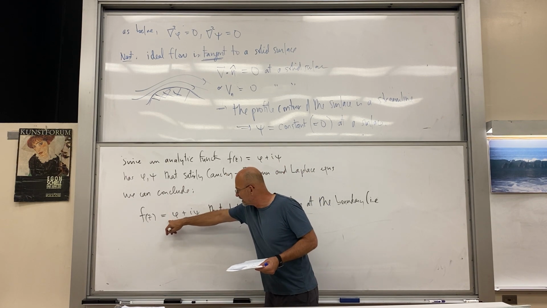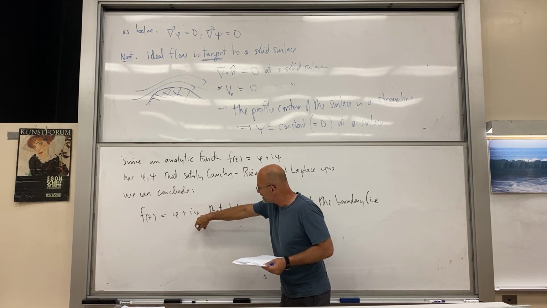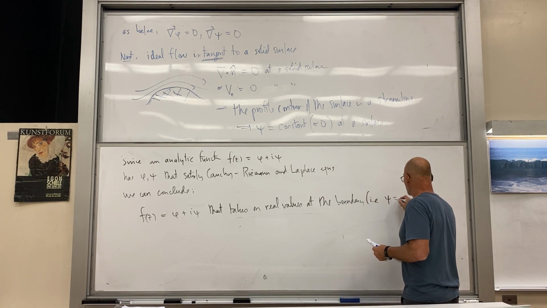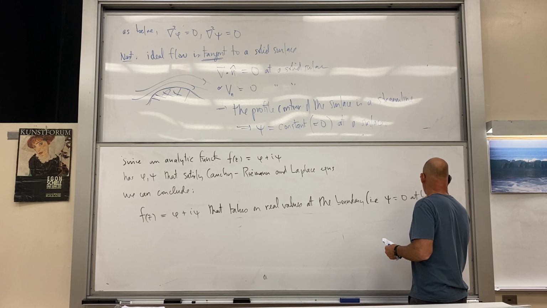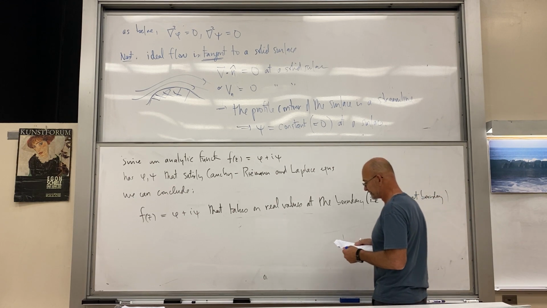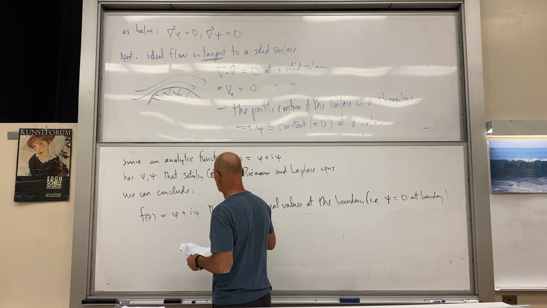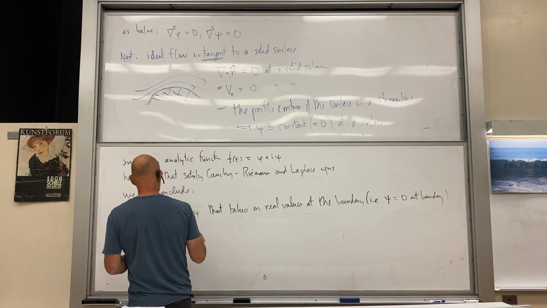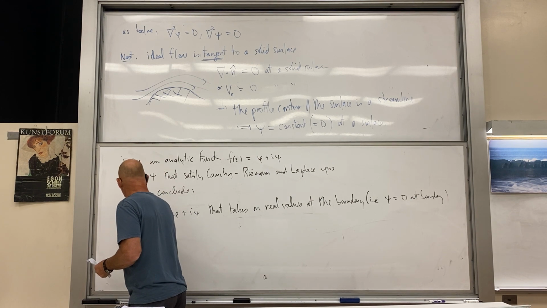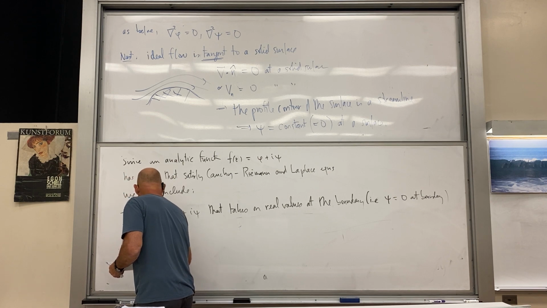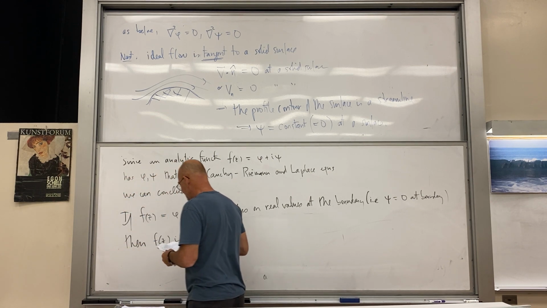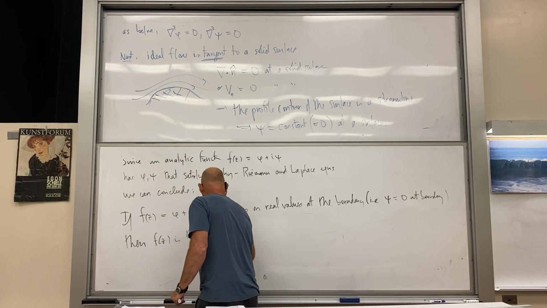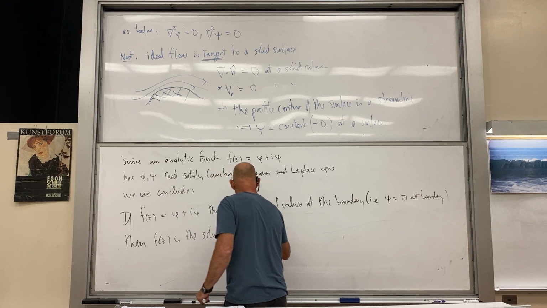So if you have a function where this function c vanishes at the boundary, c equals 0 at the boundary, now we can conclude that f of z is the solution to a fluid flow problem.